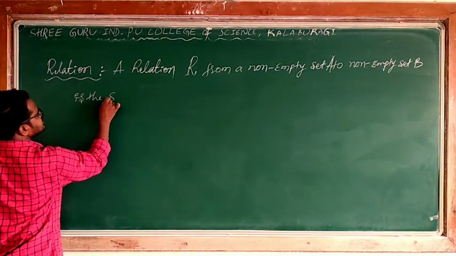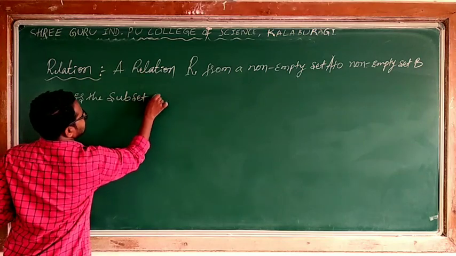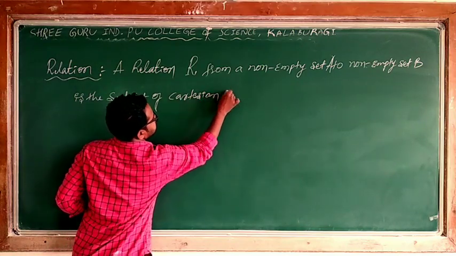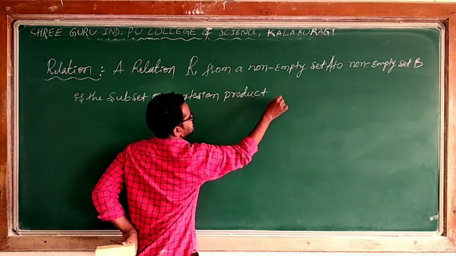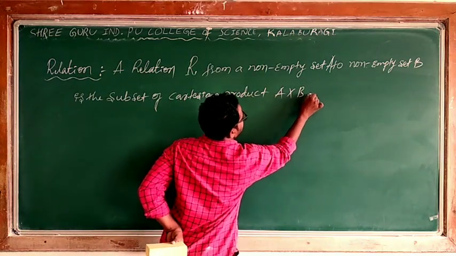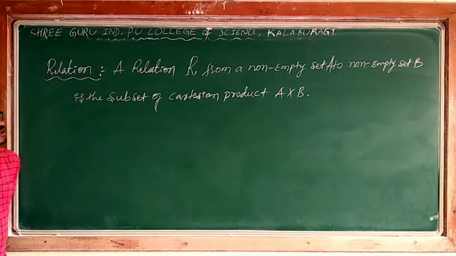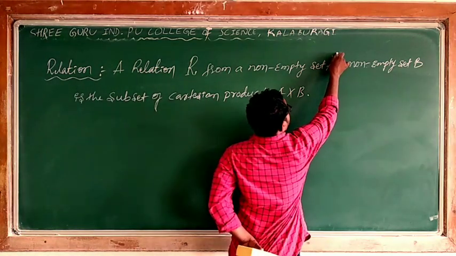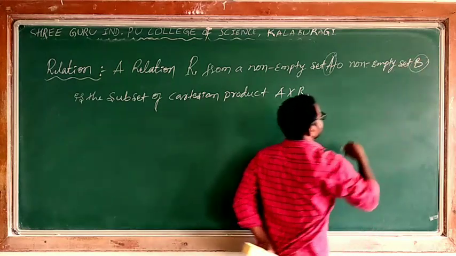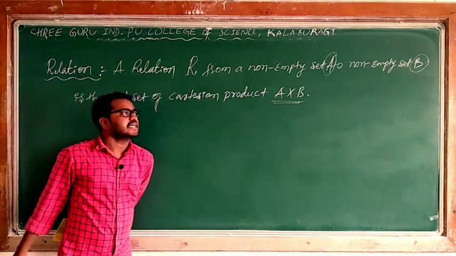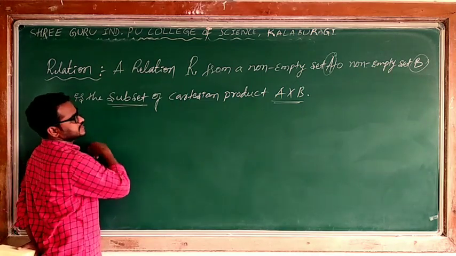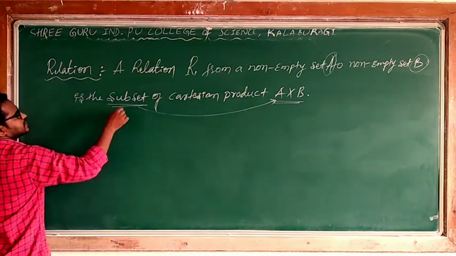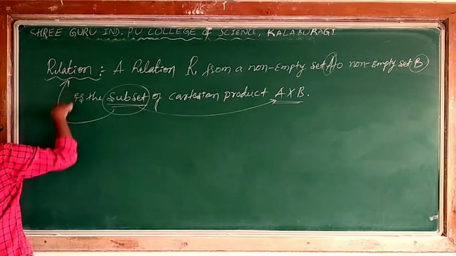Is a subset of the Cartesian product A cross B. Means we are saying a relation R from a non-empty set capital A to non-empty set B is definitely a subset of A cross B. You can say any subset of the Cartesian product A cross B is always considered as a relation.